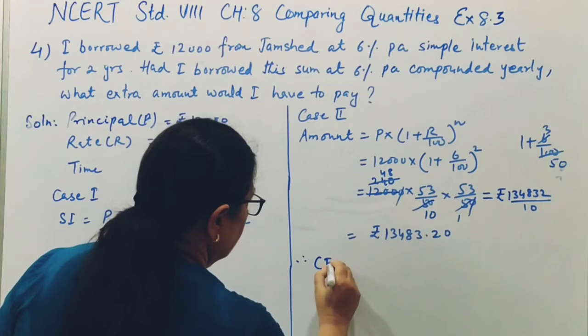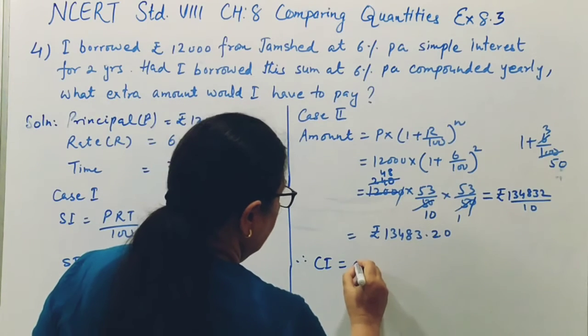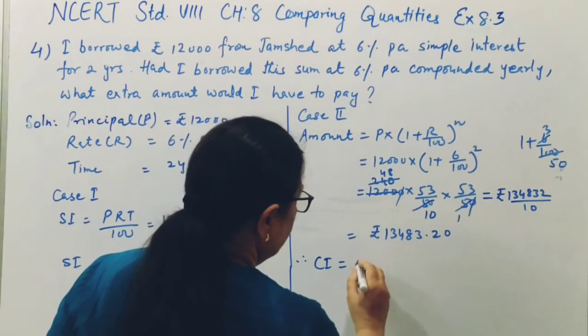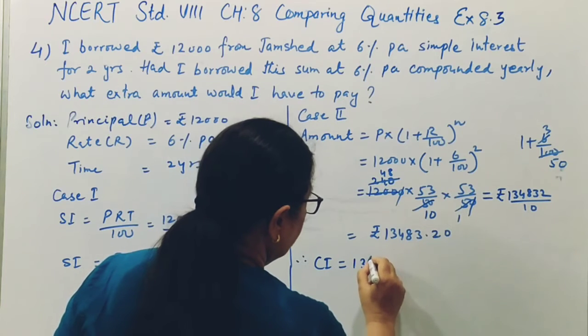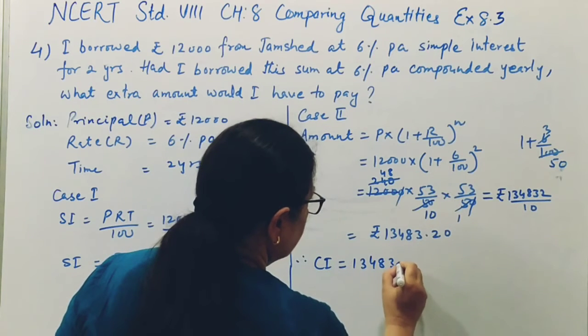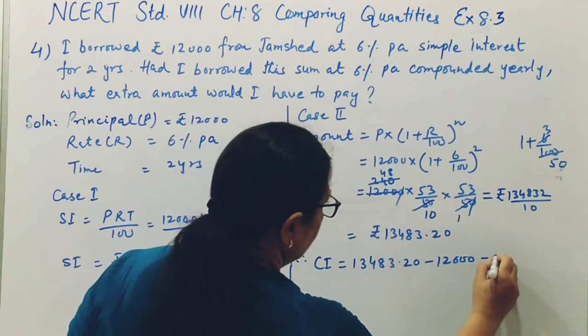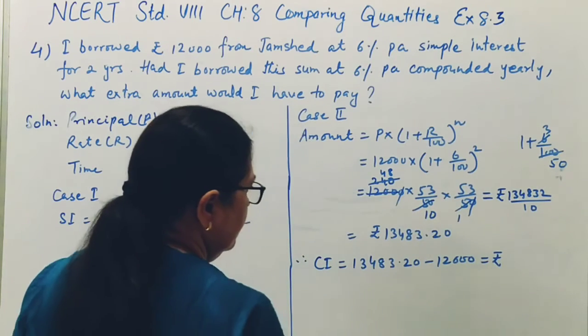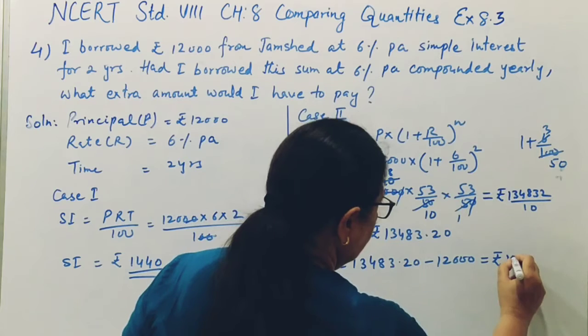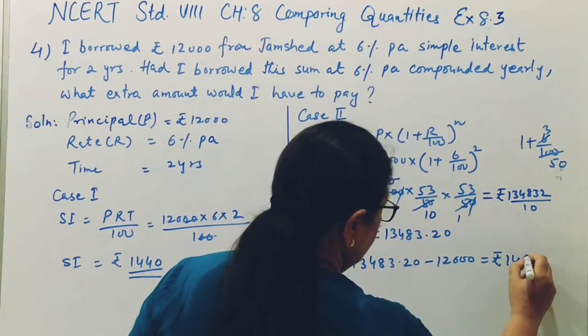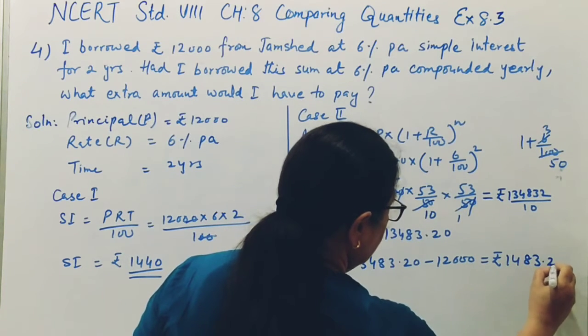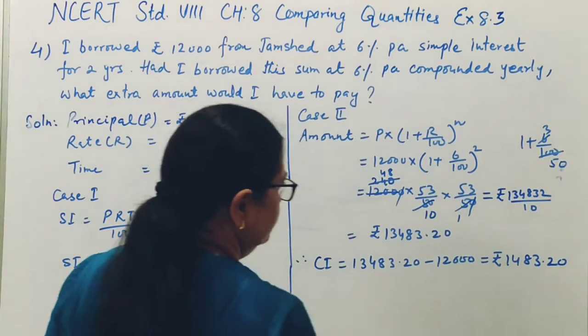Therefore compound interest is amount minus principal, that is 13,483.20 minus 12,000. So the compound interest is rupees 1,483.20.